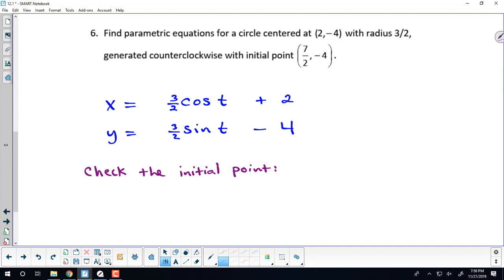Before we actually check the initial point, what do we need? The range for t. So where do we want t to range from? Like 0 to 2 pi. Okay, let's try 0 to 2 pi. So the initial point should be (7/2, -4) when t is equal to 0.